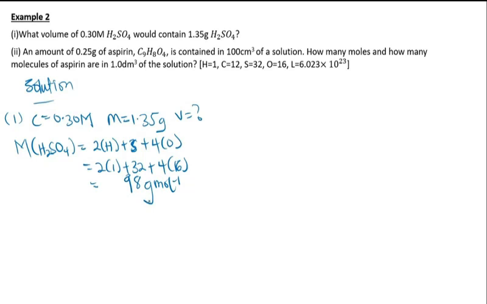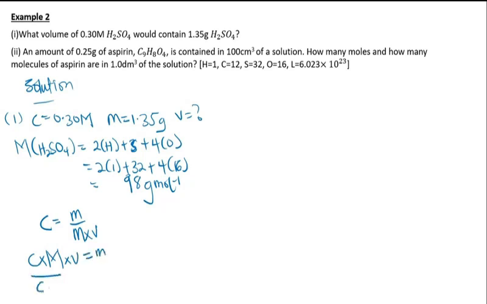Okay, now we need to find the volume, and we know concentration is equal to mass over molar mass multiplied by volume. So if we make volume the subject, we cross multiply: concentration multiplied by molar mass multiplied by volume is equal to mass.